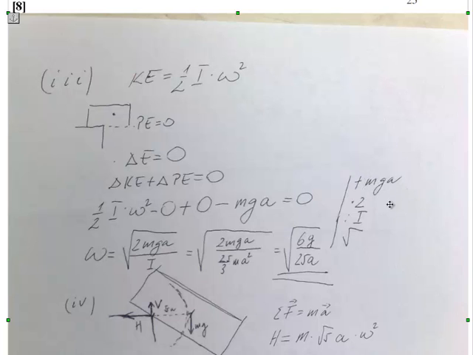After we express the angular speed, plus m times g times a multiplied by 2 divided by I and square root, we get this formula. Substitute I and reciprocal and simplify by m and a, we get the angular speed.